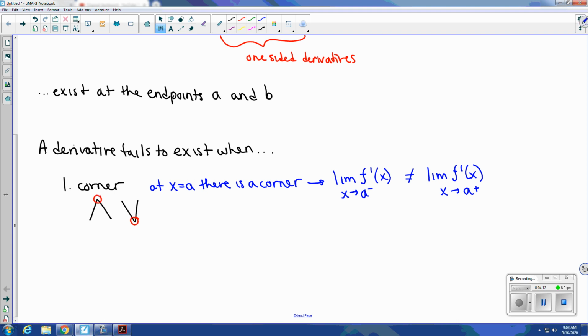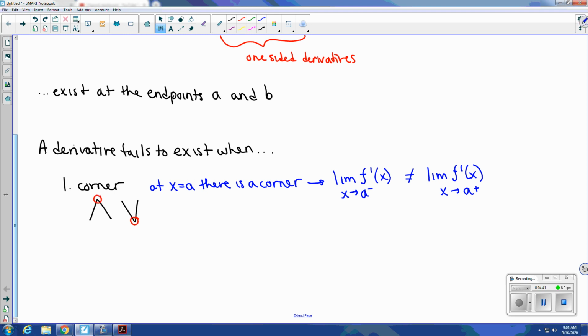And if you just look at a corner, you can see once you're at that corner, if the derivative is found through the slope of the tangent line, the question usually comes in, like the way I like to think about it is, where do I draw this tangent line on this corner? Do I draw it like that? Do I draw it like that? Do I draw it straight across? Because it's not obvious, that's the way I like to think about why at a corner there's no derivative to be found.